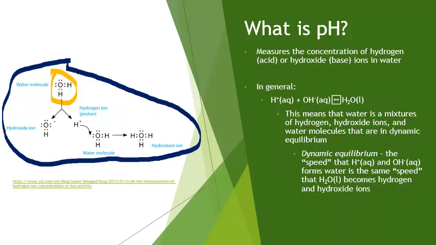It actually exists in three states that are all happening at the same rate. And you'll see why I say it that way in a second. So you'll notice that here it breaks apart. You have your hydroxide ion, which is what you're seeing right here, and you also have your hydrogen or proton, which is what you're seeing here.